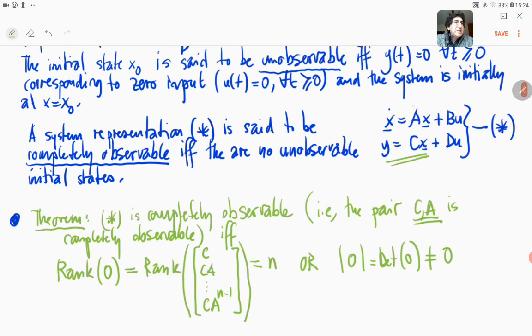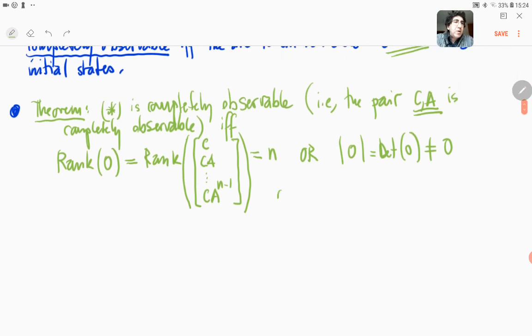So what is important becomes the A matrix and the C matrix on the final outcome. And not surprisingly, O being the observability matrix, and remember that C was the controllability matrix.